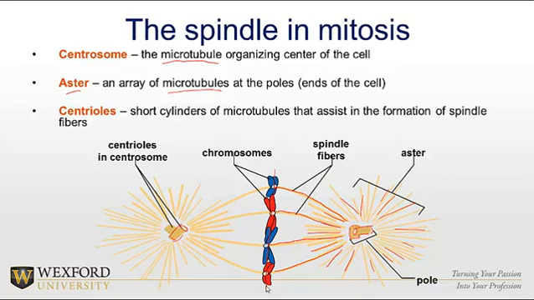So really what we're talking about right now are just specialized components in the cell, primarily specialized proteins that are going to line up that DNA in the middle of the cell and then pull apart the sister chromatids, as we're going to find out happens in mitosis. So we have that separation for two daughter cells.